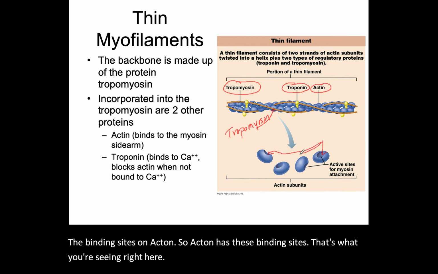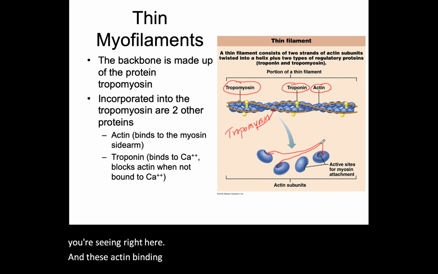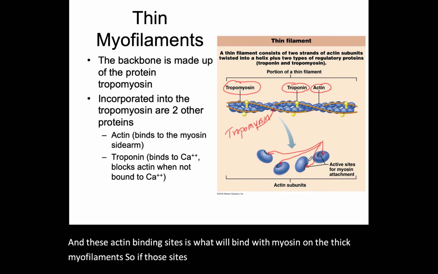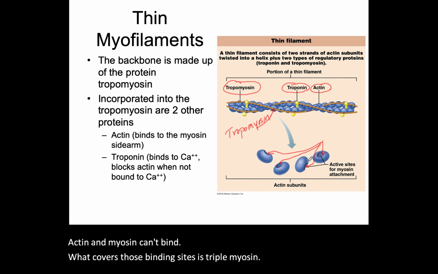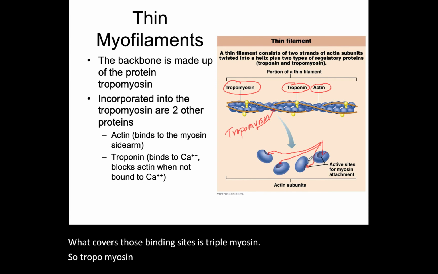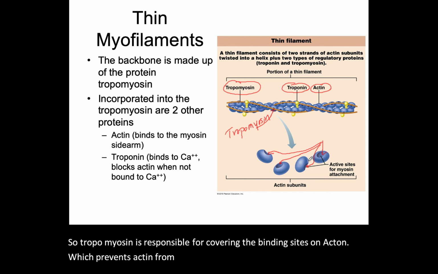And these actin binding sites are what will bind with myosin on the thick myofilaments. So if those sites are covered, actin and myosin can't bind. What covers those binding sites is tropomyosin. So tropomyosin is responsible for covering the binding sites on actin, which prevents actin from binding to myosin.